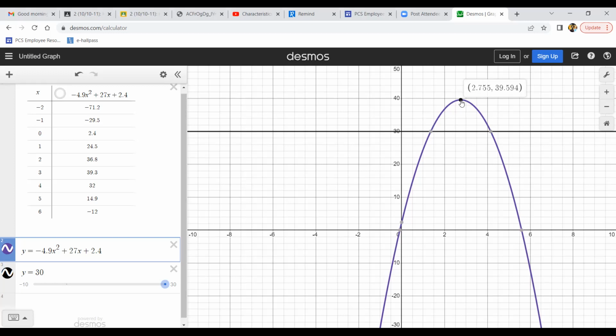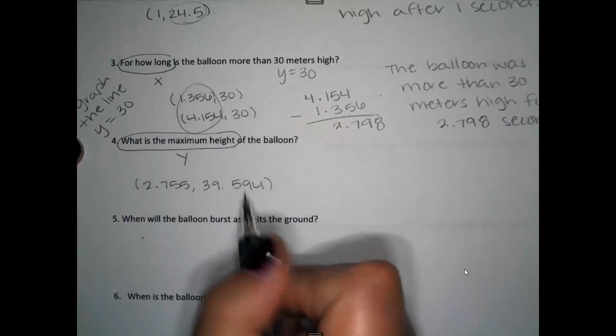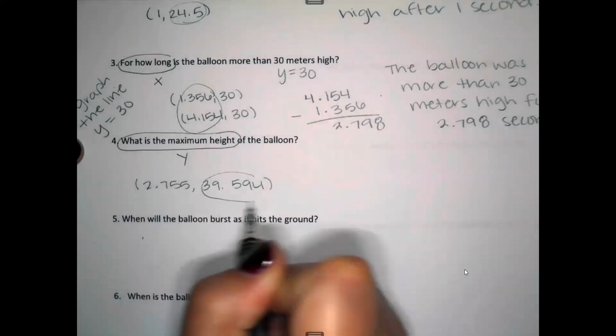So 2.755, comma 39.594. What is the maximum height of the graph? The way they phrase the question, the y coordinate is the answer.